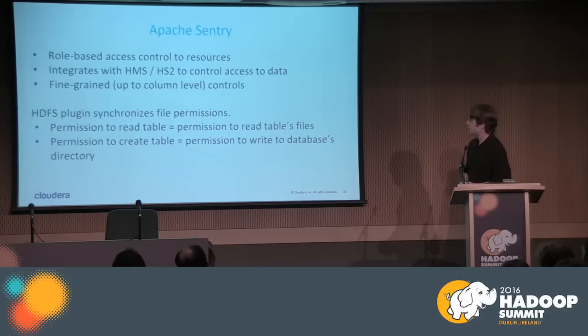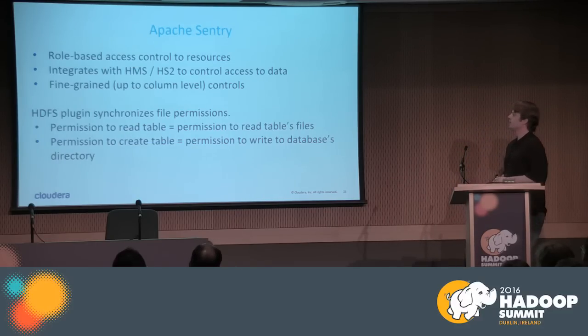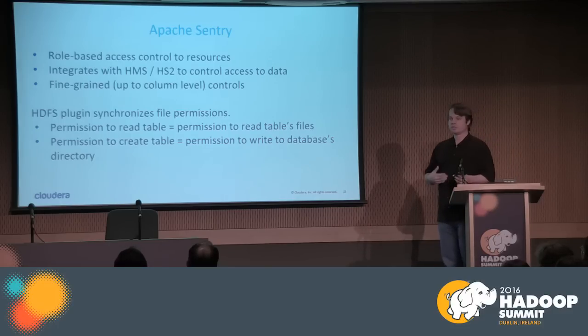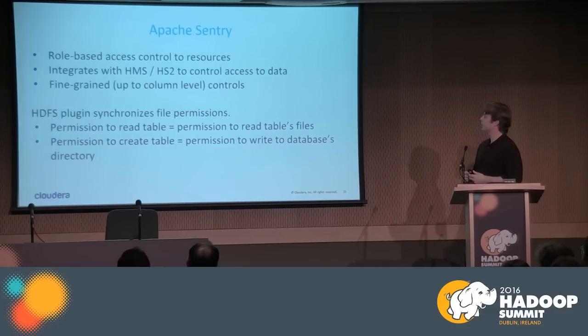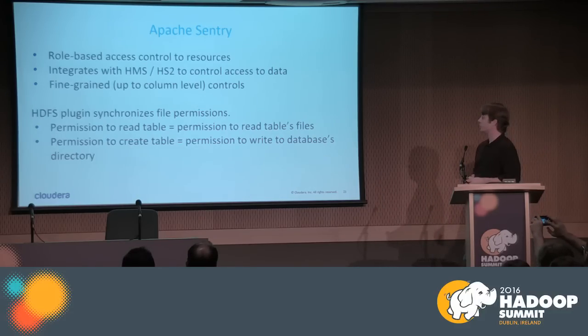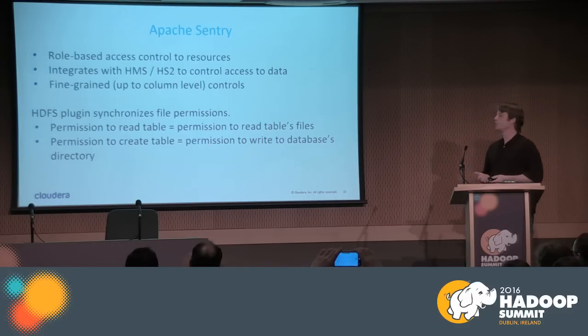So there's this project called Apache Sentry that provides role-based access control to different resources. It's mostly used by Hive today. And it integrates with the metastore server and Hive Server 2 to control access to Hive data. And it provides really fine-grained control; you can set up column-level access controls.